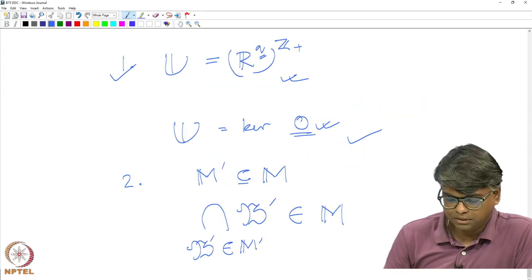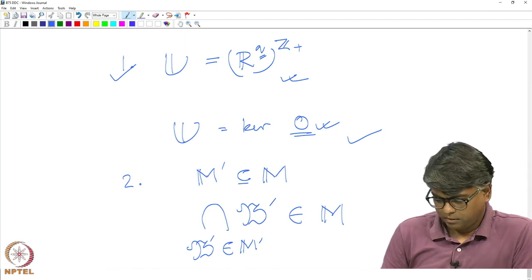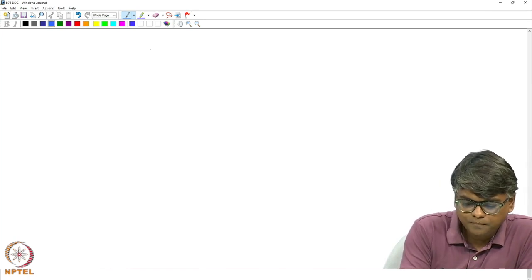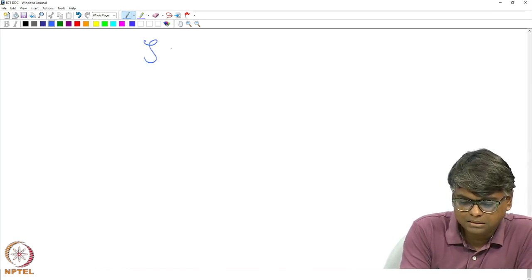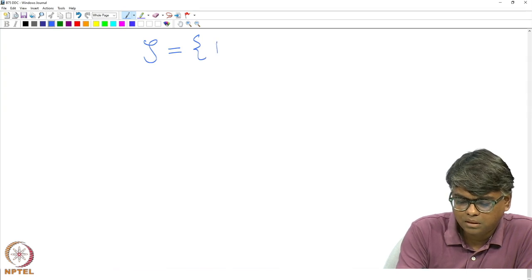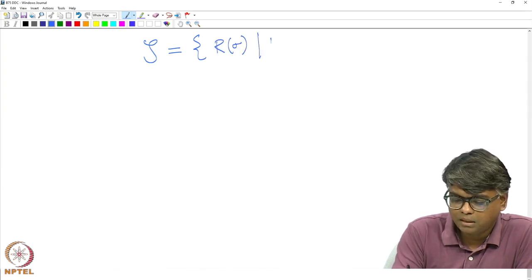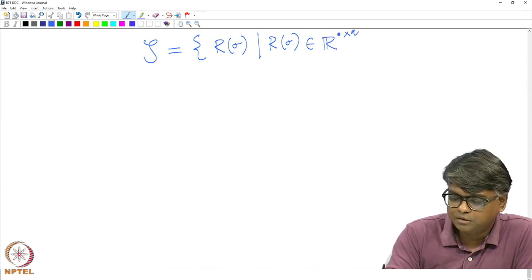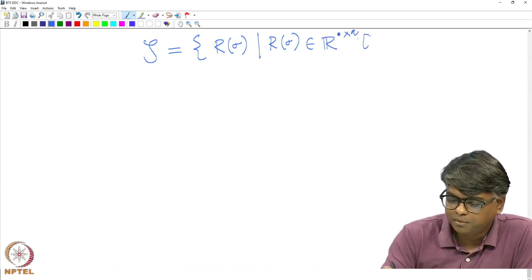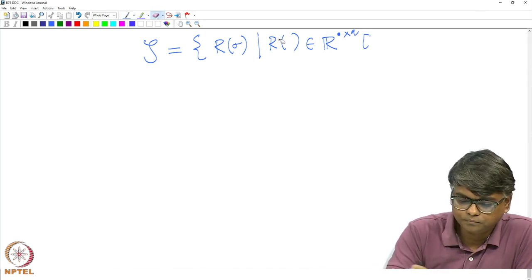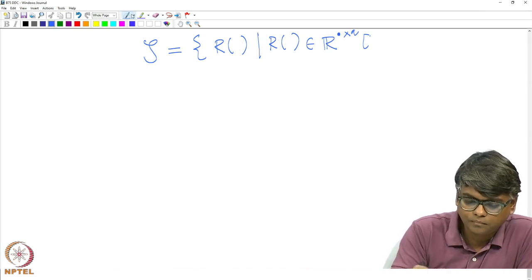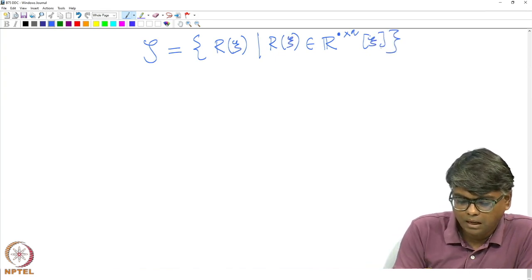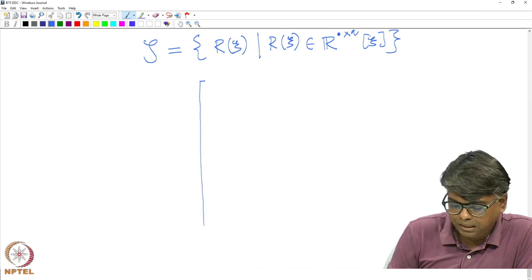Assumption 2, in terms of equations, it will follow that given a collection S of R sigma, where R sigma is a polynomial matrix of q columns and an arbitrary number of rows, and then you look at this big matrix.